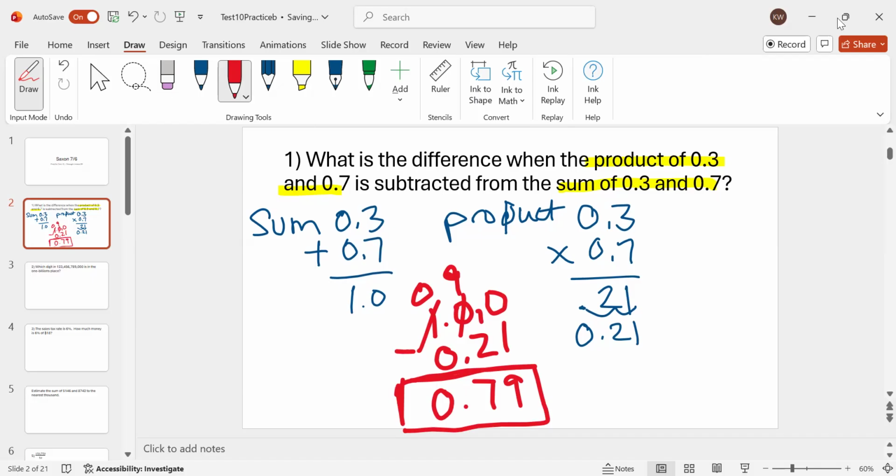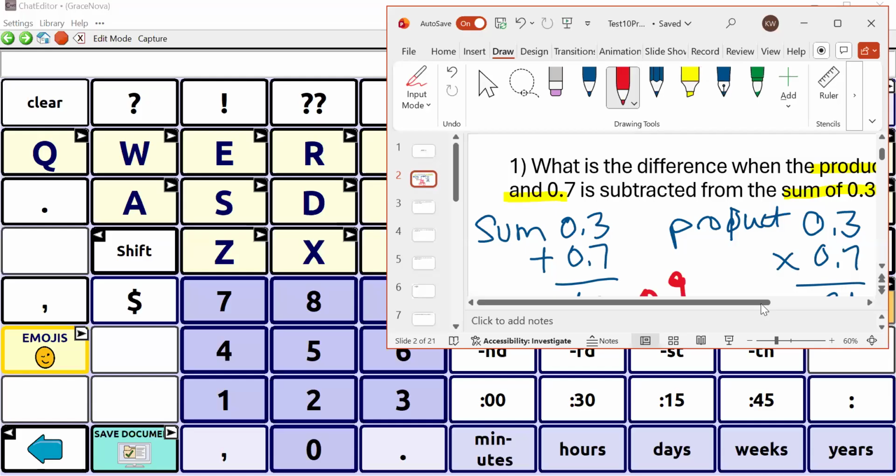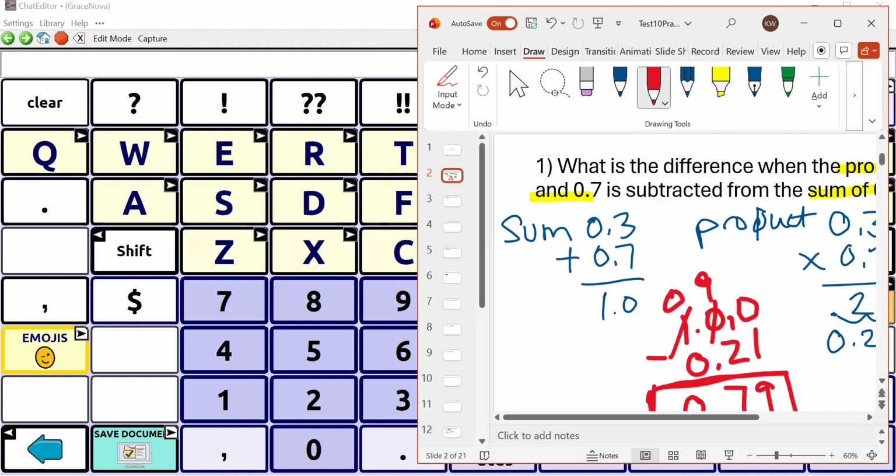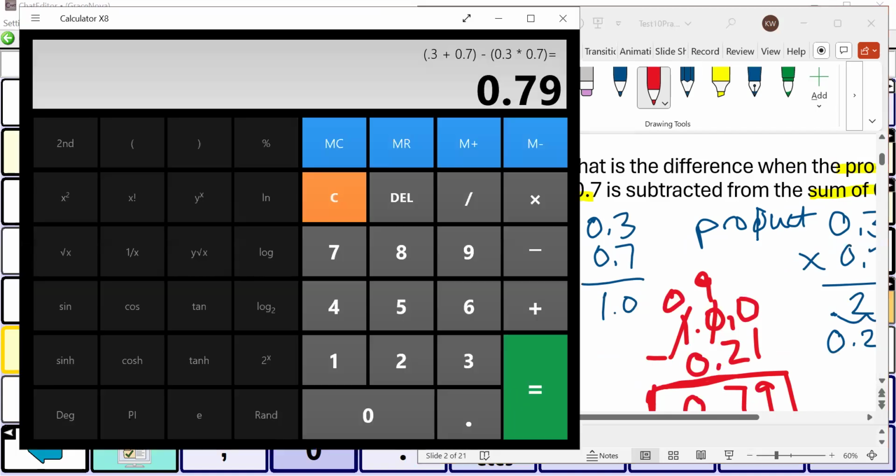Now I'm going to show you how to do this with your calculator. Let me make this screen a little bit smaller over here to the side so we can still see enough reminders of what the problem was. All right, and then I'm going to open up my calculator here. Your calculator might look a little different than this.